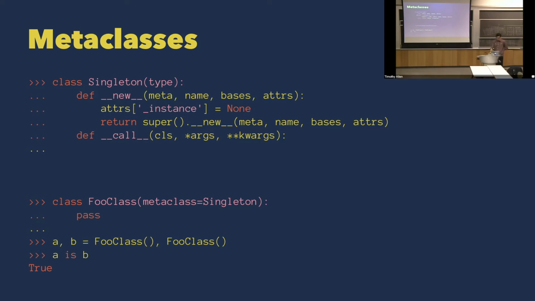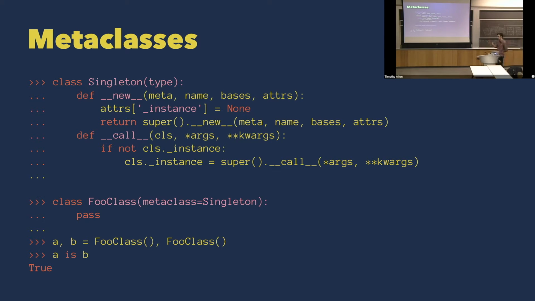And then we'll override call as well, because that's what we want to actually return the instance when we call the class. It'll check the class's underscore instance variable that I created. And if it's not there, it'll create the new instance. If it is there, regardless, in the end, it returns the instance. And this works. And it's a metaclass. We don't worry about inheritance. We don't do anything. It's really nice.